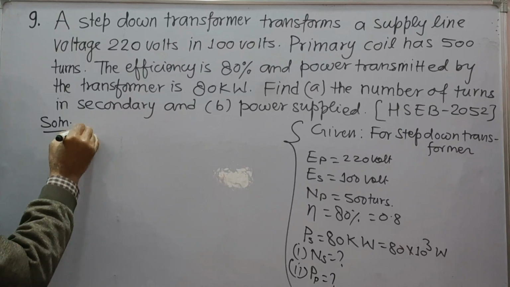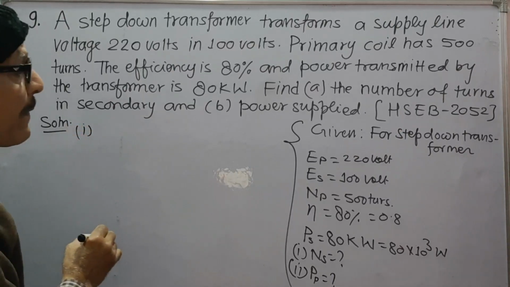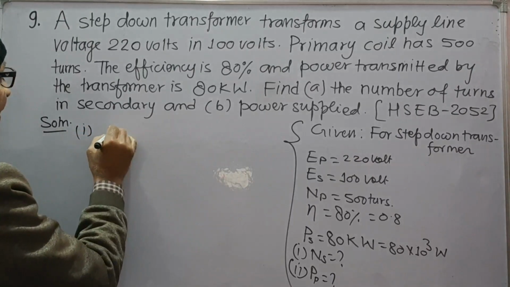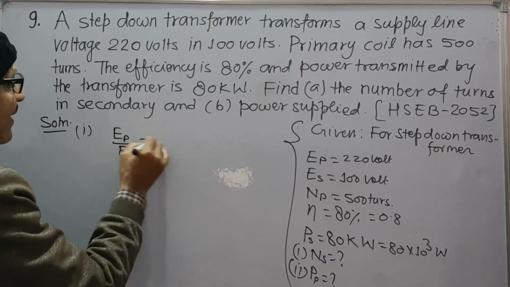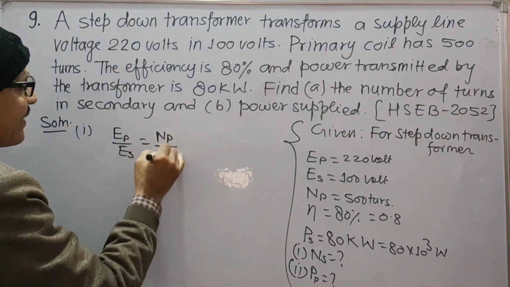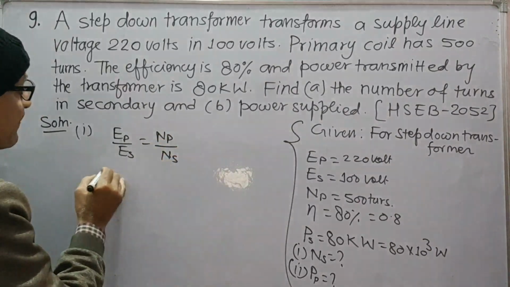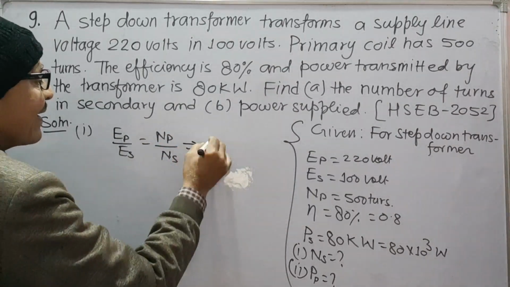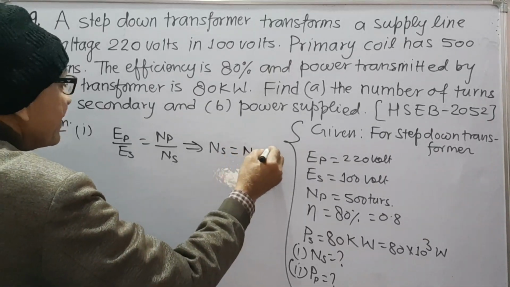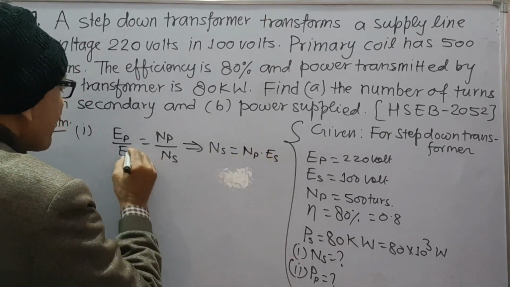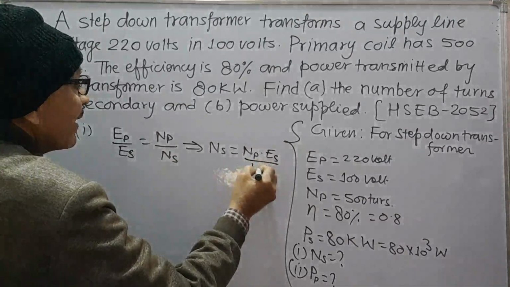Now, first, EP upon ES is equal to NP upon NS, which gives NS as NP ES divided by EP.